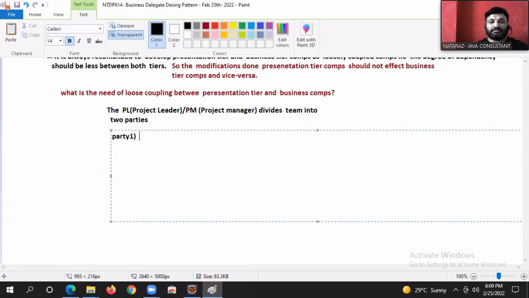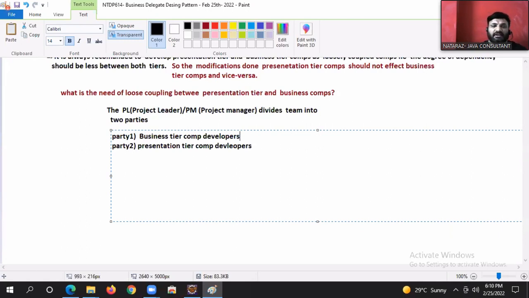Party one: business tier component developers. Party two: presentation tier component developers. One is business tier component developers. Two is presentation tier component developers.